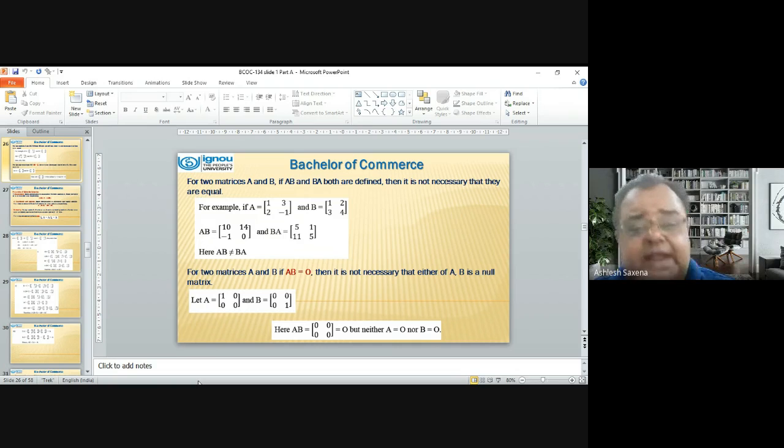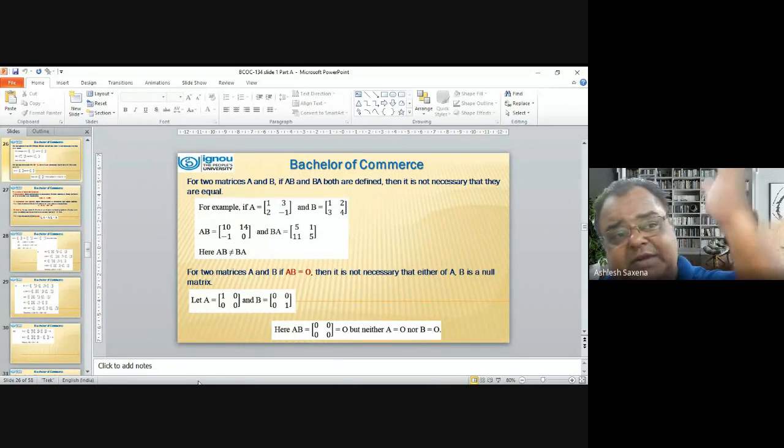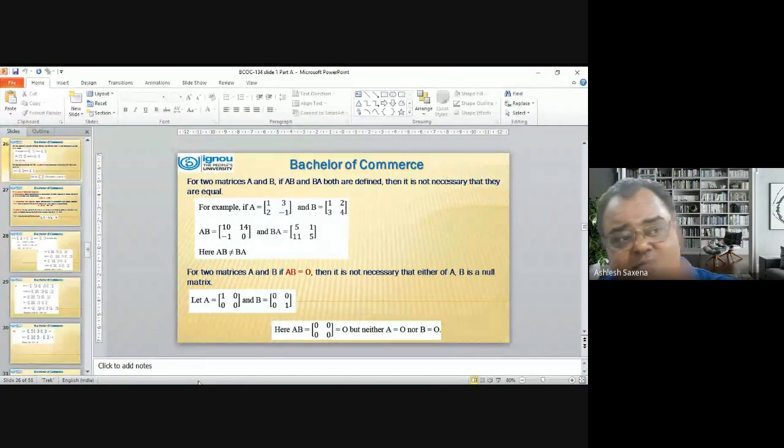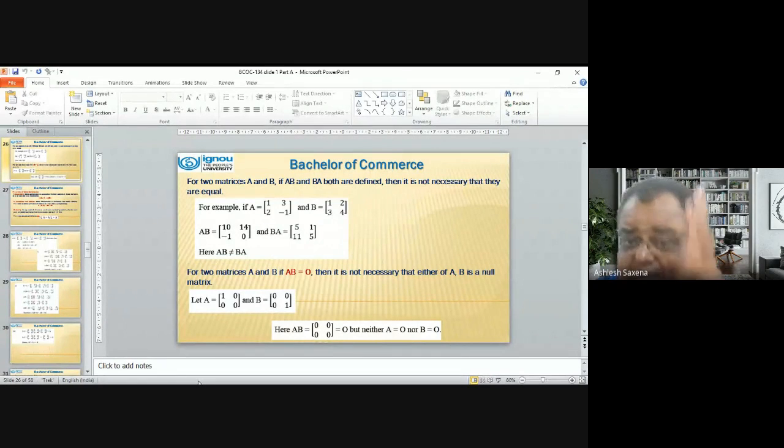And we are reversing it, and we are multiplying B by A. We are getting 5, 1, 11, and 5. Going back to the addition part, the answer was the same. But in multiplication, the order is the same, but your answer is not the same. The product is not the same, no doubt the matrices are of the same order.